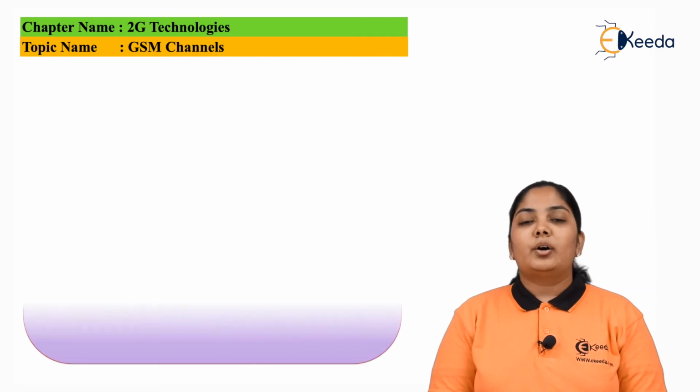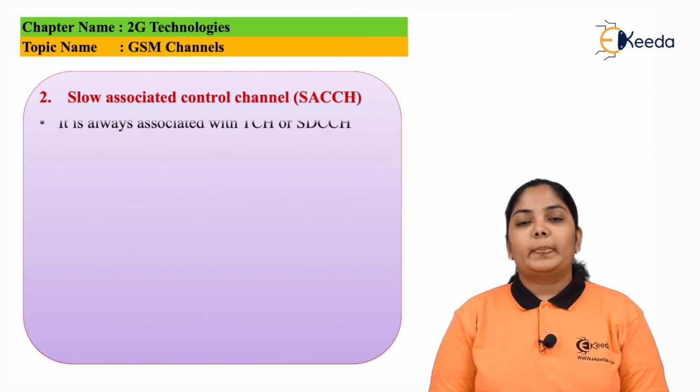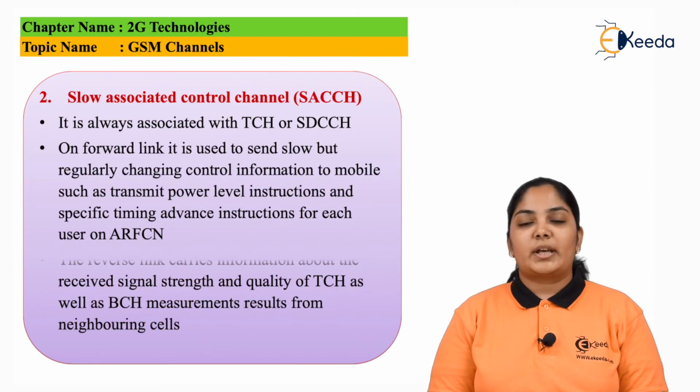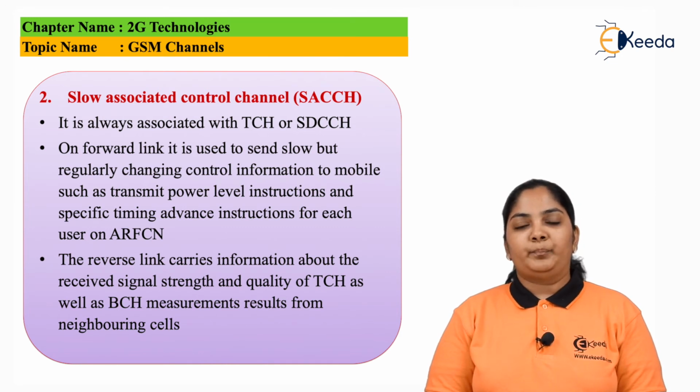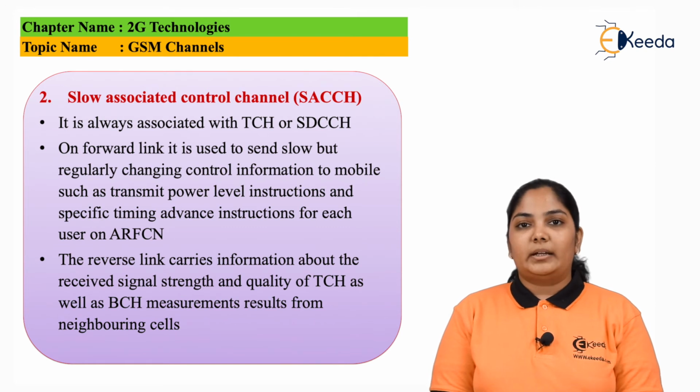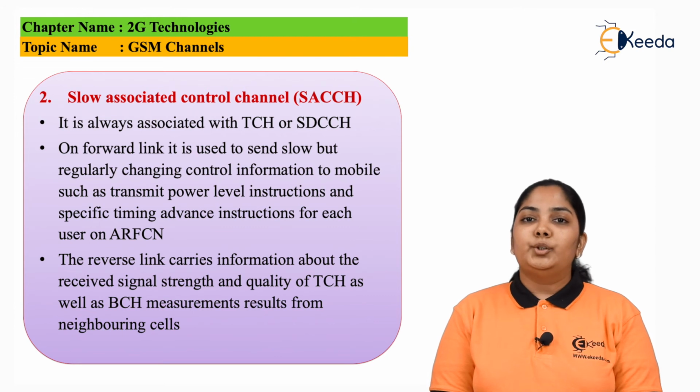The second kind of dedicated control channel that we have is the slow associated control channel. This channel is always in association with the traffic channel and the standalone dedicated control channels. On the forward link, this control channel helps in transmitting user information that is slowly changing, like power level information.